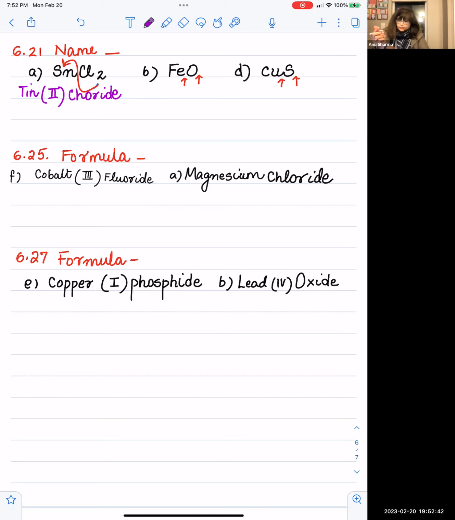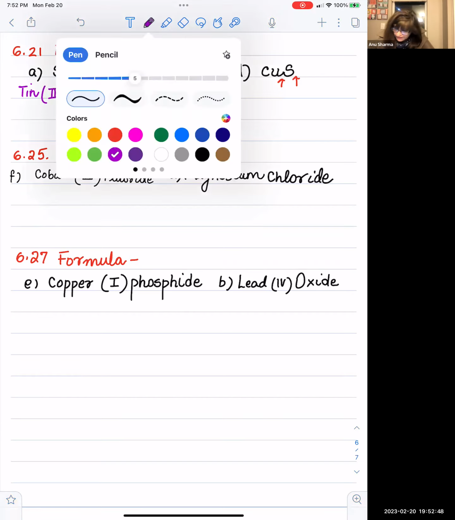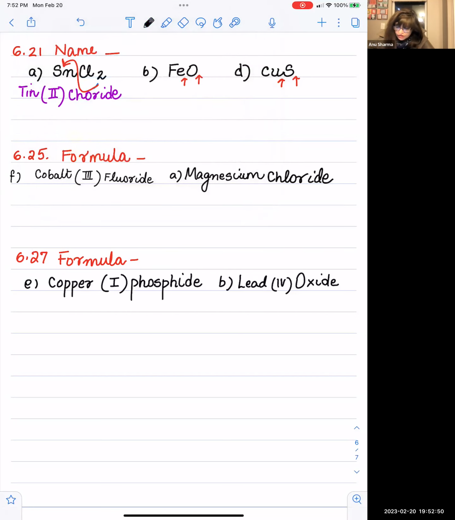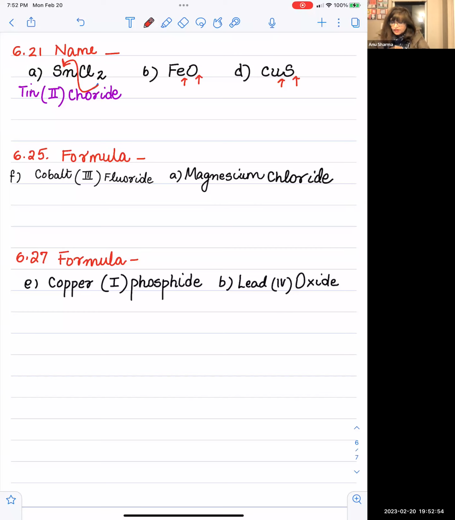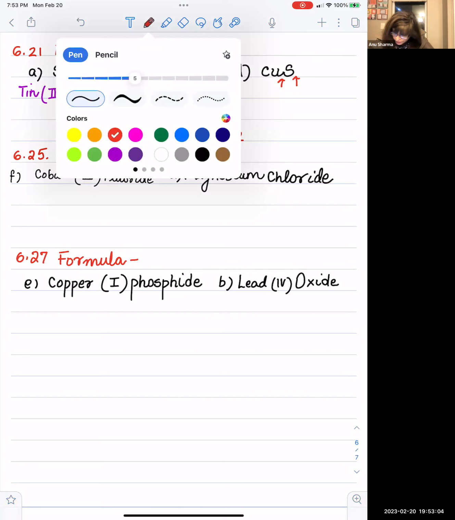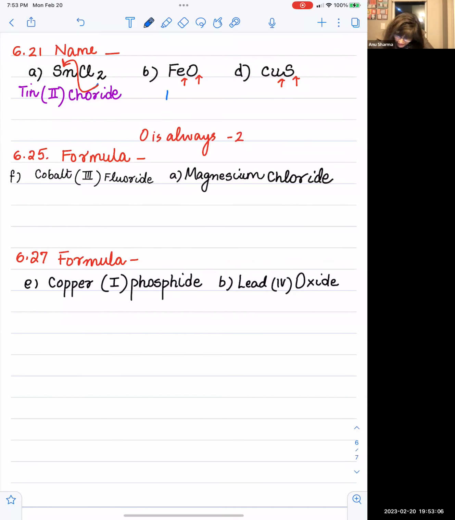Next is iron. Now here, let's say you don't know whether iron is in +2 or +3. So what will you do? In this case, oxygen is always going to be -2. So now you will have to move backwards from here. So here you have iron and you have oxygen.